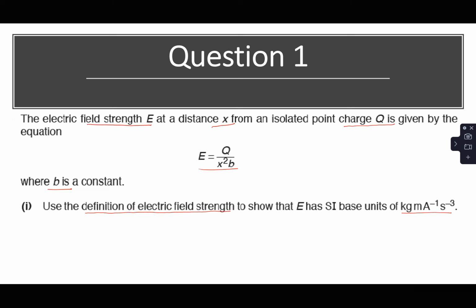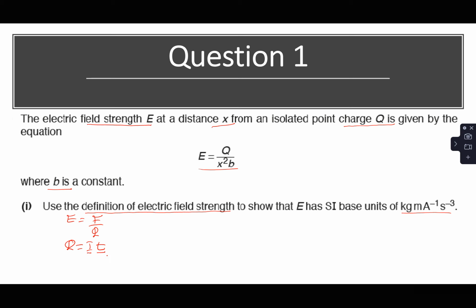So let us begin. Electric field strength E is defined as the force acting on a unit positive charge. The force acting on a unit positive charge is what we call the electric field strength. So to begin with, charge is defined as I times T, which is current times time. Current is a base quantity, its unit is a base unit.